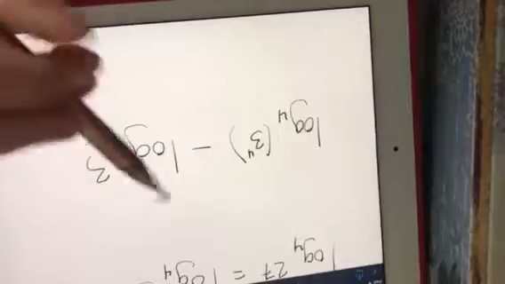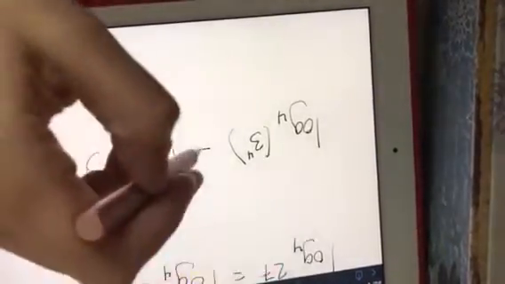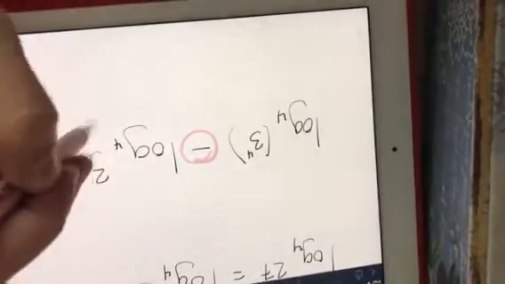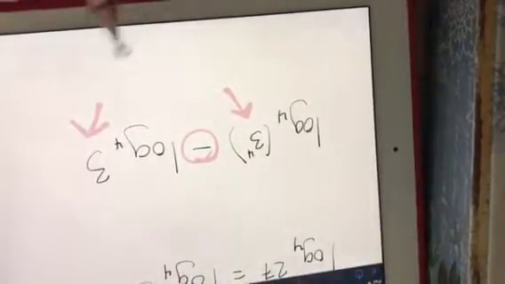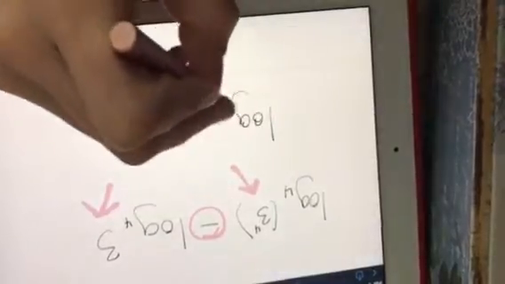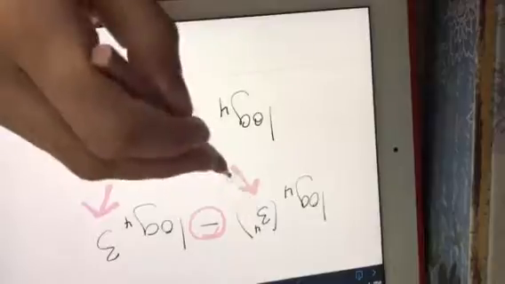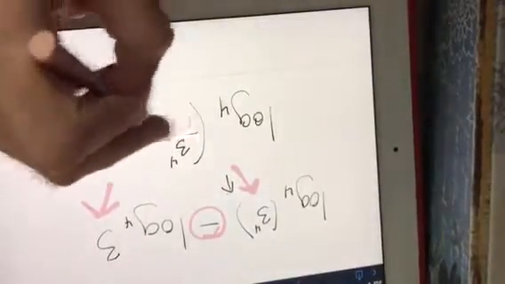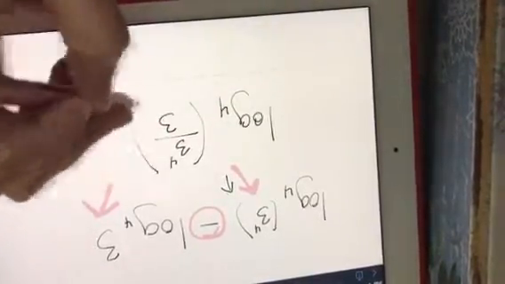So this minus sign, just as the plus sign meant you multiplied those two things, the minus sign means you divide that by that. So you combine and you just have it in terms of one log, and then you put this guy on the top, so 3 to the 4th divided by this guy on the bottom, 3.